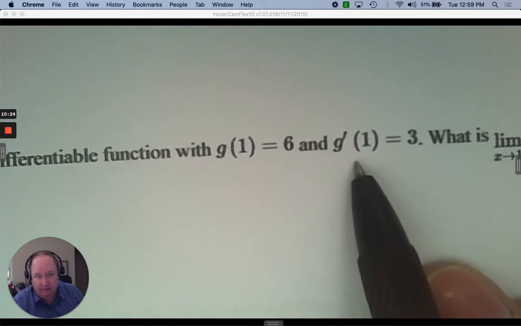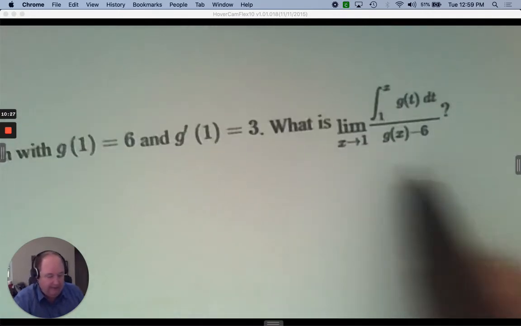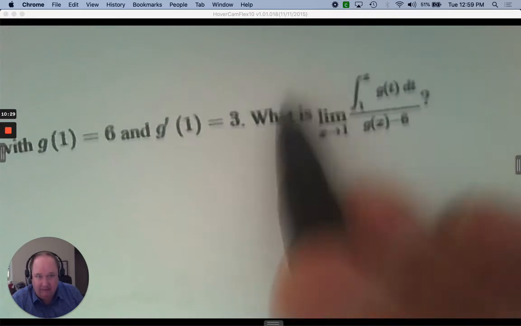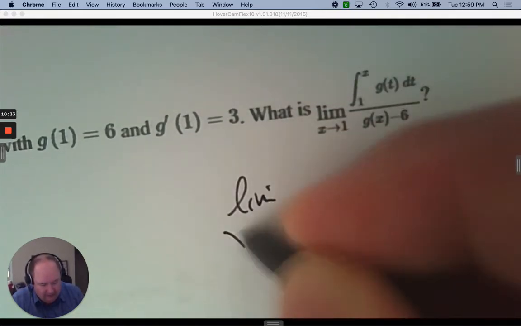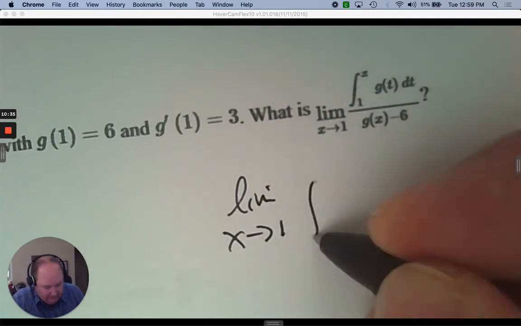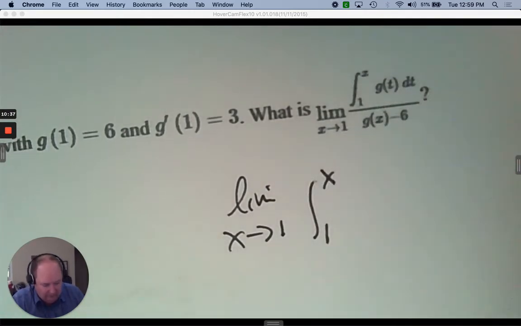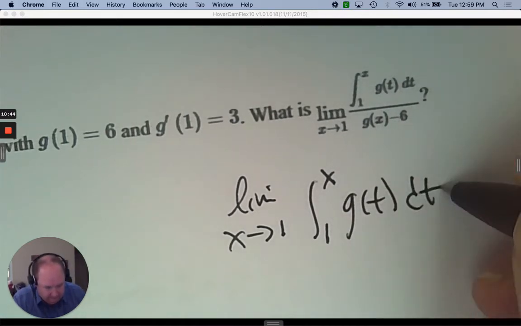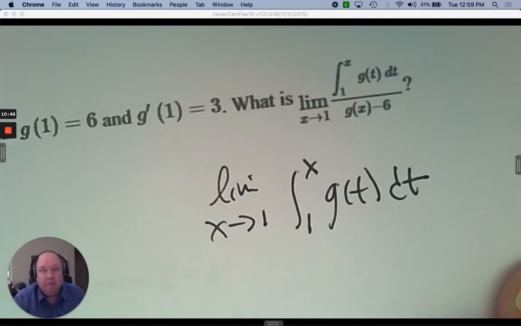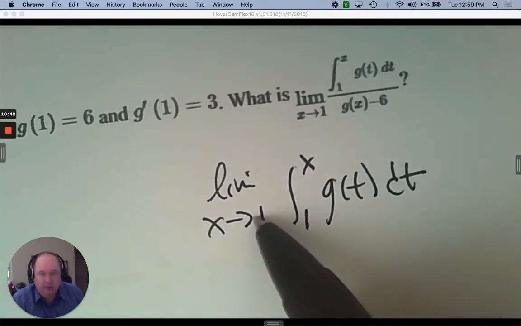And then what's this limit that looks kind of intimidating to begin with? So to evaluate this limit, I'm going to separate the numerator and denominator. So this goes from 1 to x, g at t dt. And so how do I evaluate this?